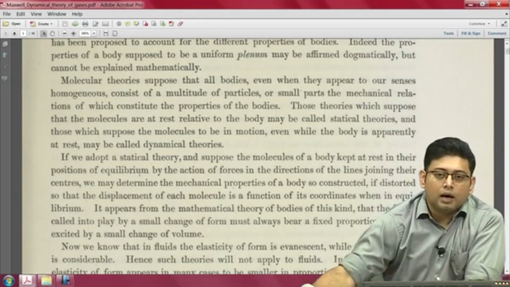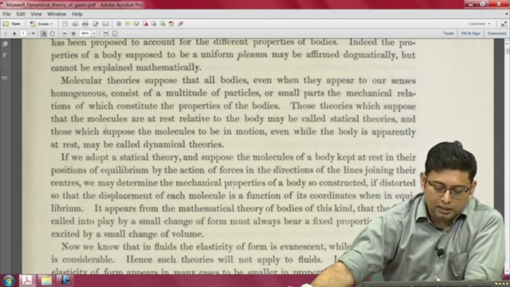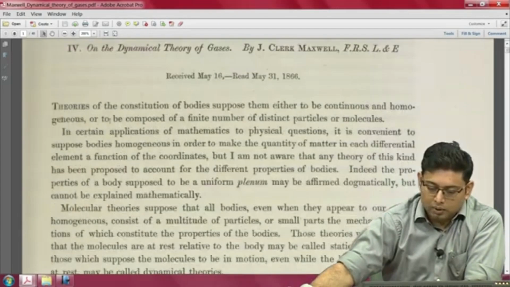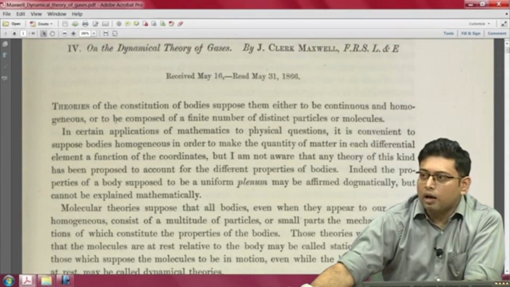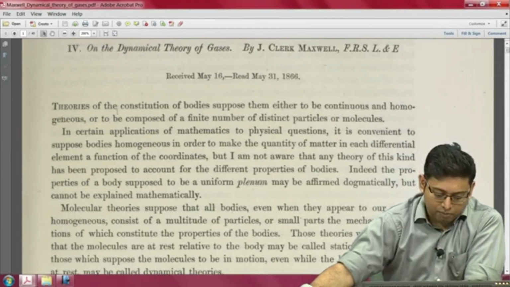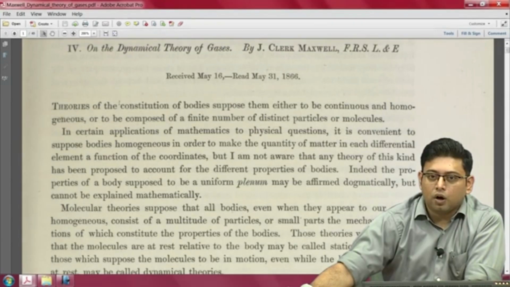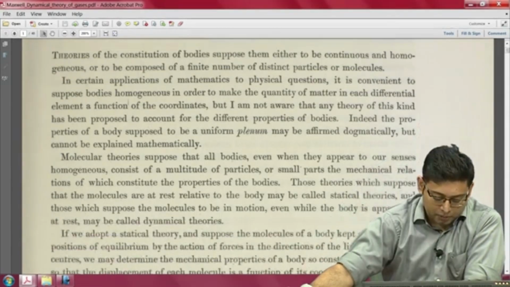So, this is something that you can read at your leisure. It is downloadable. It is also available on arXiv. I believe one of the arXiv platforms has all of Maxwell's papers.